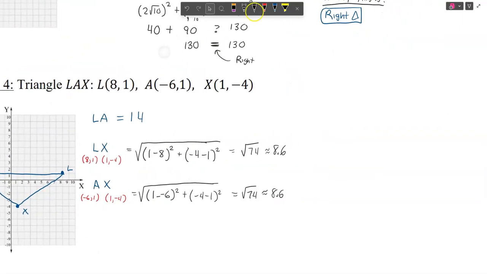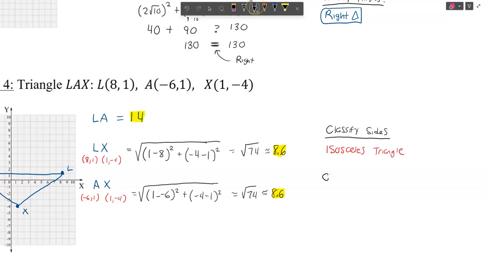So our first conclusion is to classify this triangle by its sides. Since two of the sides are equal, looking at the 14, the 8.6 and the 8.6, this is going to be an isosceles triangle. So that's our first conclusion.